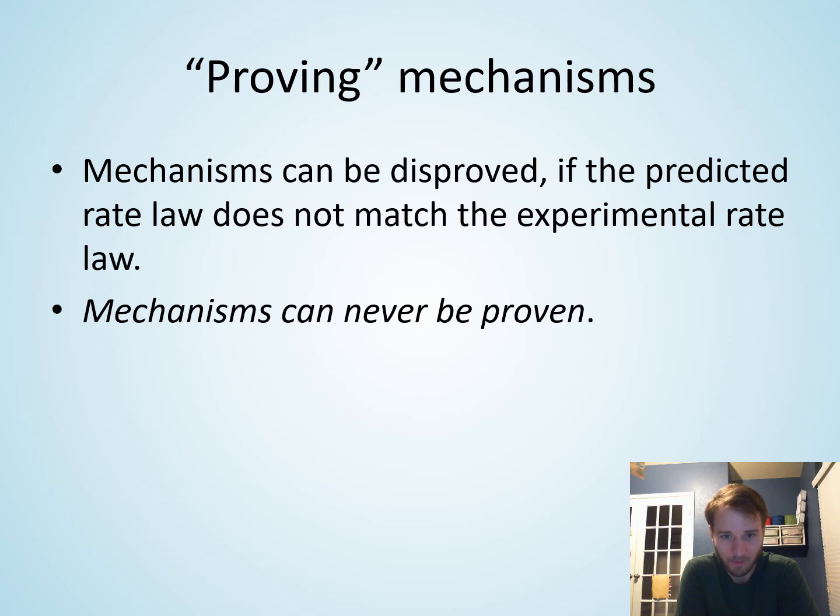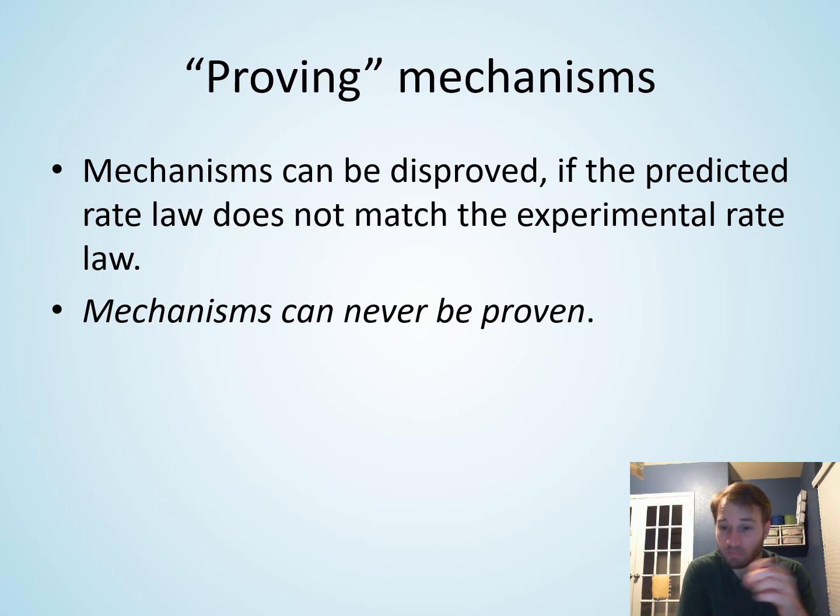Once you determine the rate law of the chemical reaction and the rate law of your mechanism, that validates the mechanism, but we can never prove exactly that it is the actual reaction mechanism. We don't have a way to zoom in and visually inspect what is reacting with what, and what atom is moving where and when.